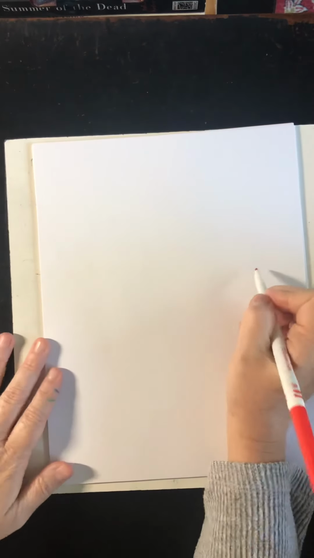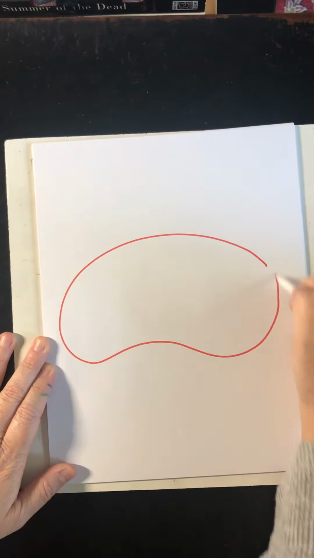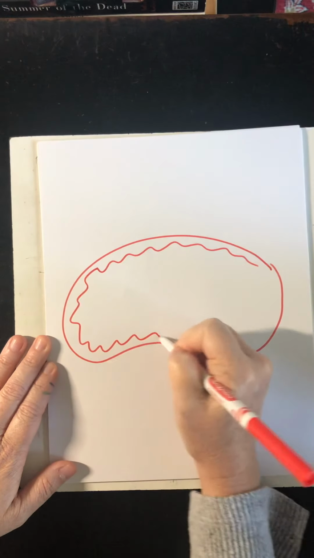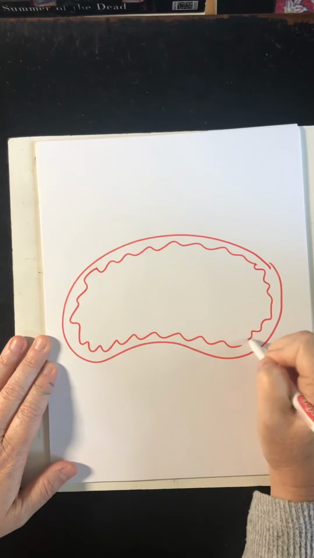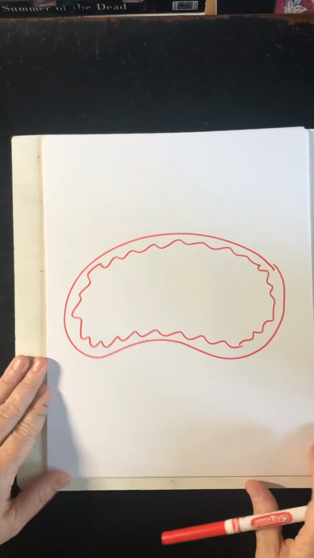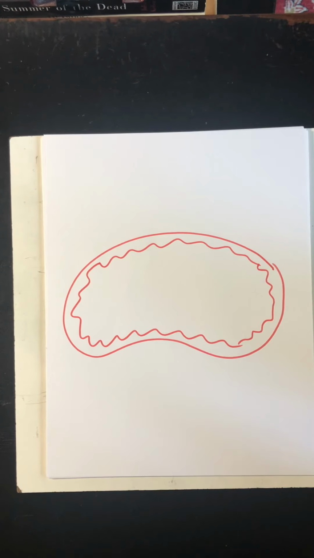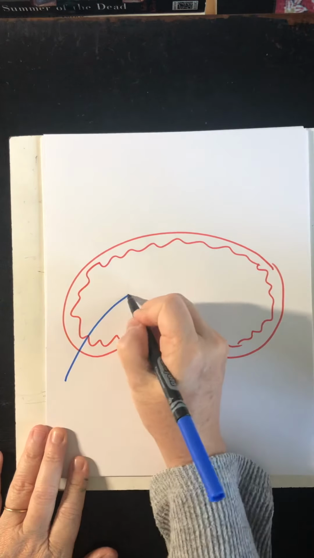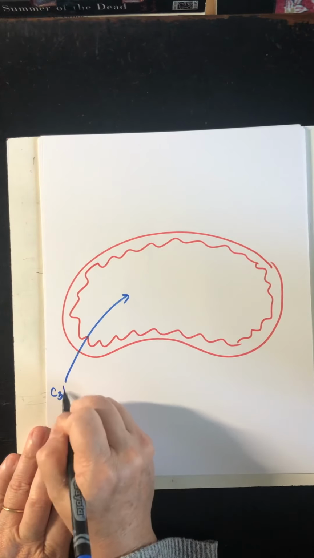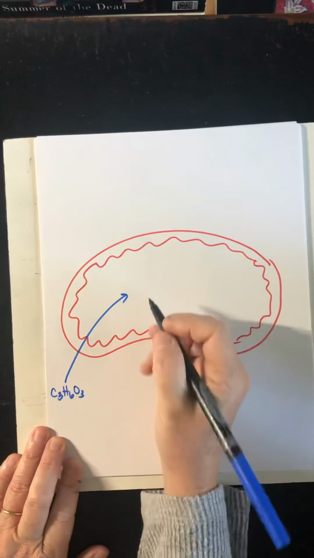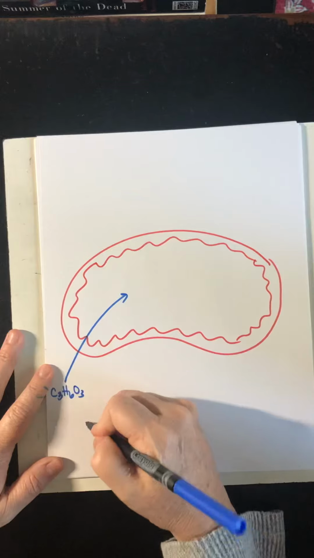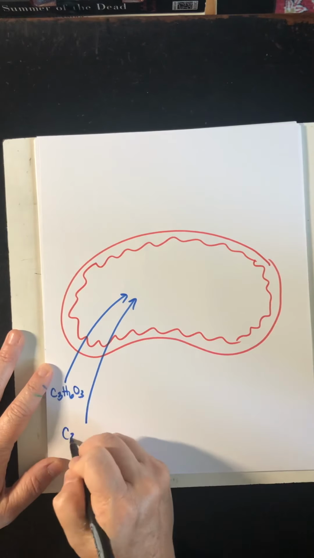Alright, so now we're inside. I'll draw the cristae. What's going to happen inside. Okay, so now we've broken our sugar in half outside, and now that C3H6O3 can move in. There's 2 of them, okay? So each one of them moves in.